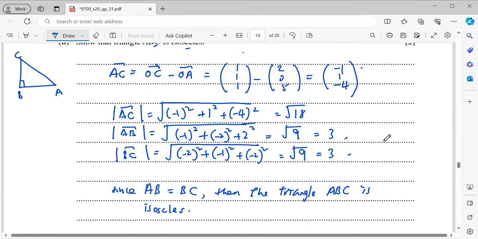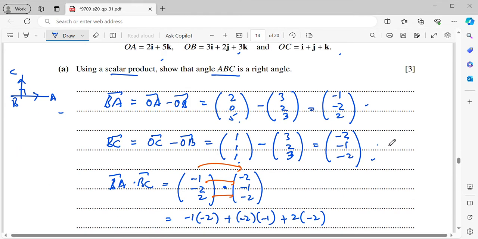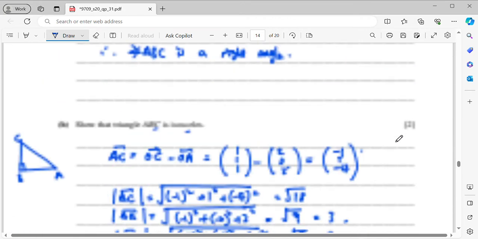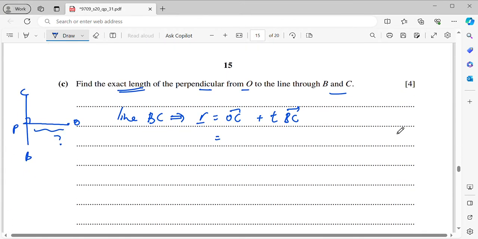My BC, already found just now, is minus 2, minus 1, minus 2. So from here, I will get 1 1 1 plus t (minus 2, minus 1, minus 2). Now for the second vector, since all are negative, I can take out the negative and change the t to s, which means that my s is minus t.